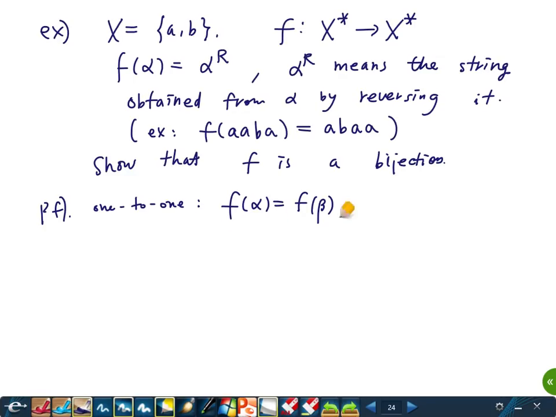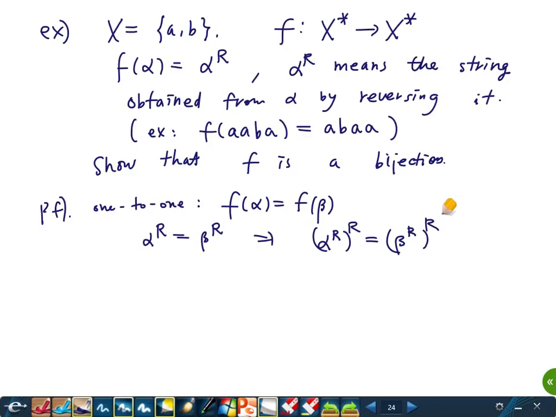Now, by definition, this means alpha reversed equals beta reversed, right? But let's reverse them again. Because we have the same string, their reverses must be the same.